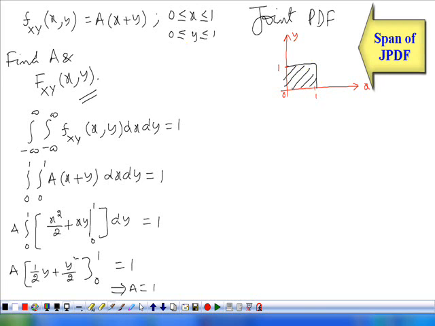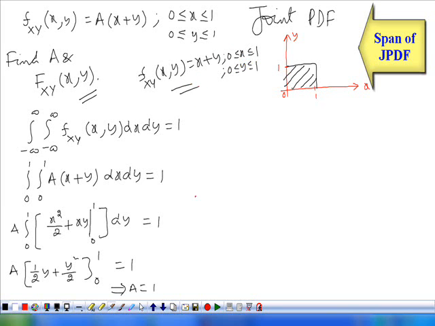In this area, f_XY(x, y) is equivalent to x plus y is satisfied. So this shaded region indicates f_XY equal to x plus y in the interval 0 to 1 and 0 to 1.